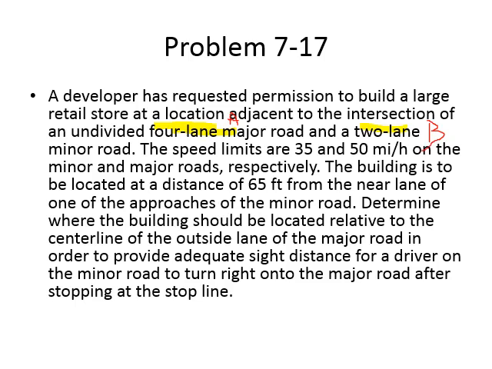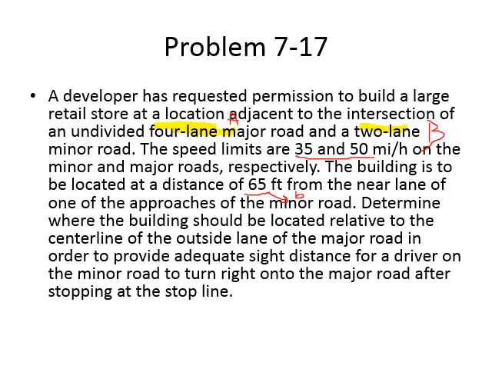The speed limits for both the roads are given: obviously 50 is for the major road, 35 is for the minor road, and the building is to be located 65 feet from the minor road. So from one side the distance is fixed, from the minor road, so we will call it distance B. The speed limits for both the roads are given and distance B is given.